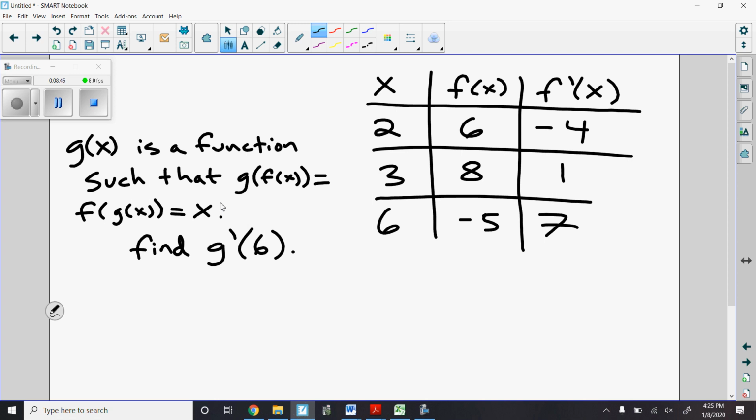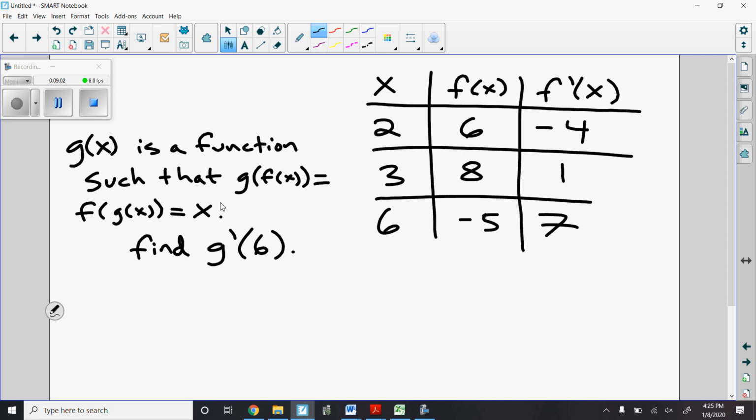It says find g prime of 6. We don't have a table for g, but what we have is a table for f. What I want you to do is find that transfer point for g.